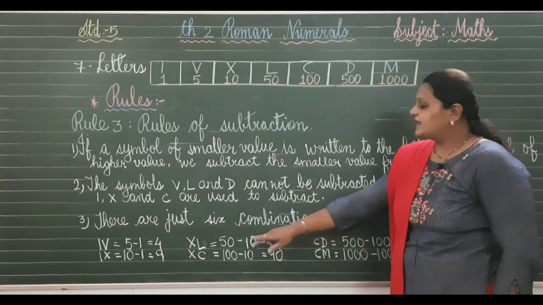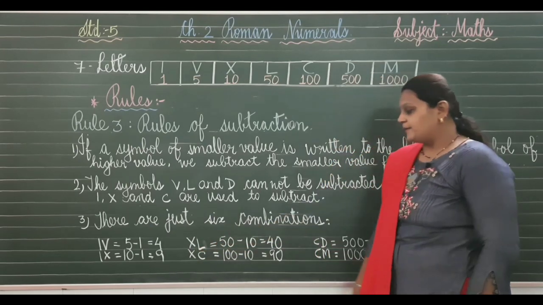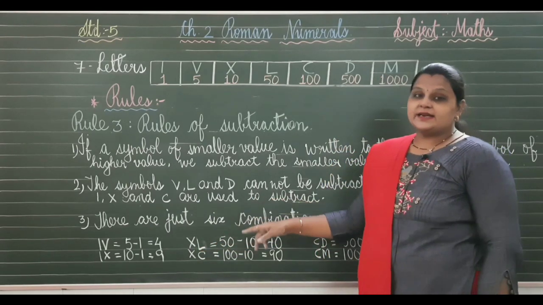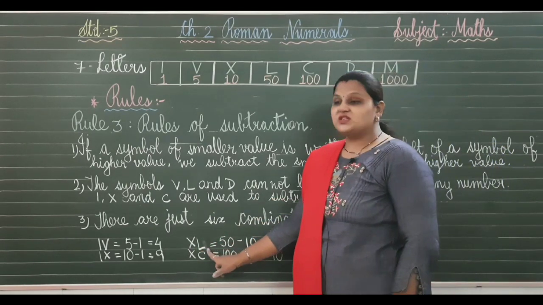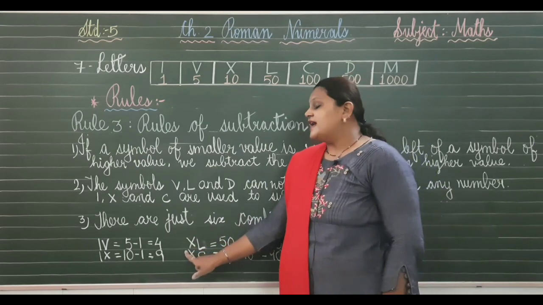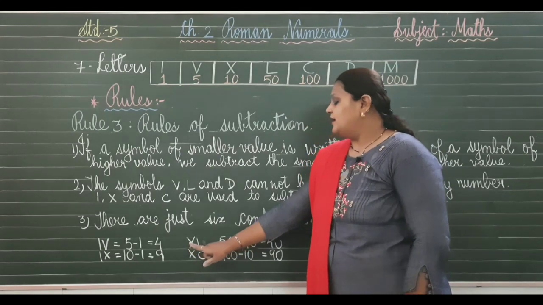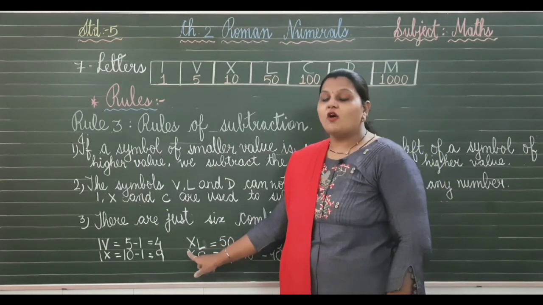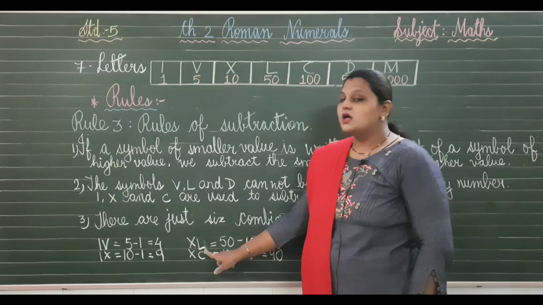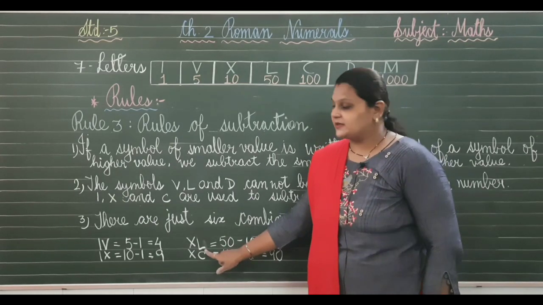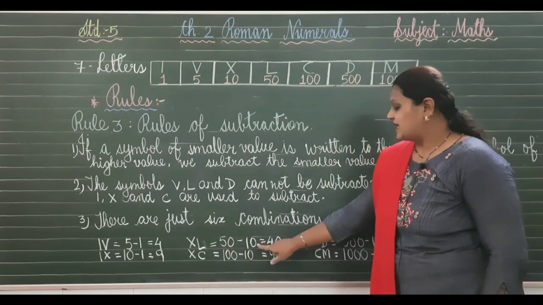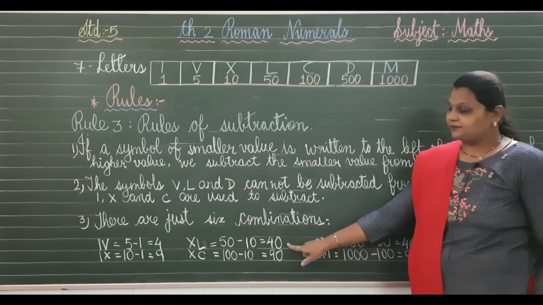Okay. Now next is XL. Here L stands for 50, which is greater, and X stands for 10. So smaller value is given left side of the greater value. So we will subtract. 50 minus 10 is 40.